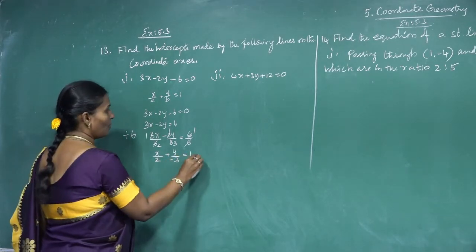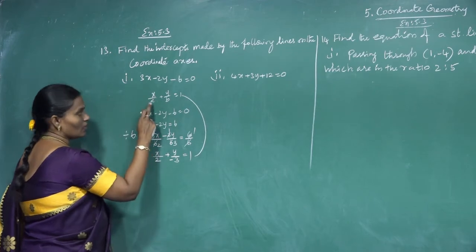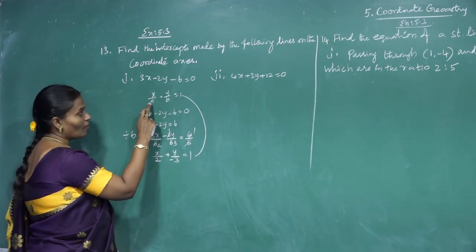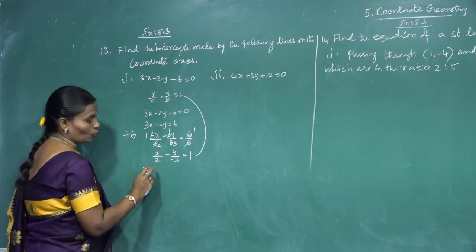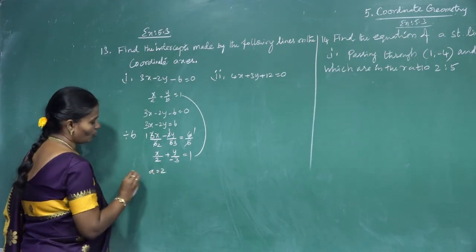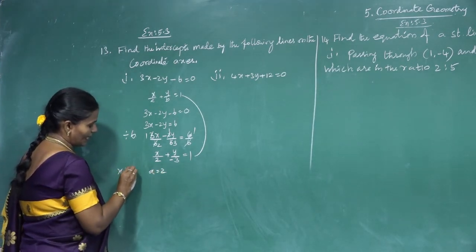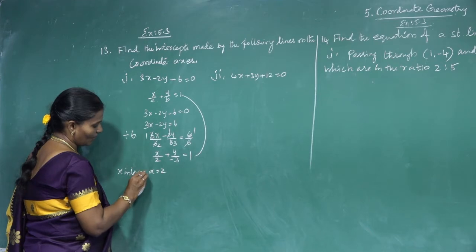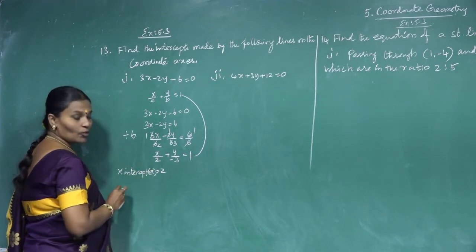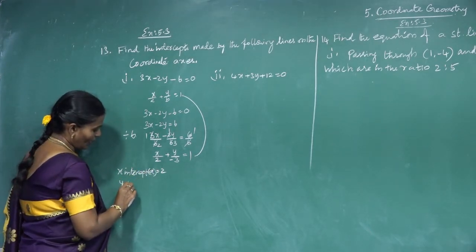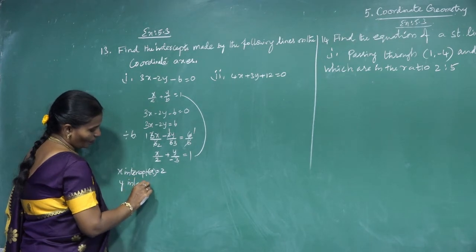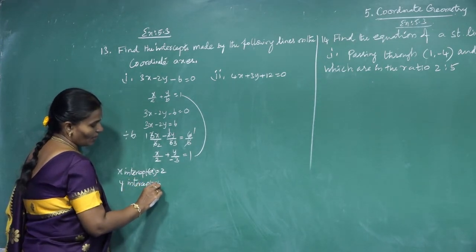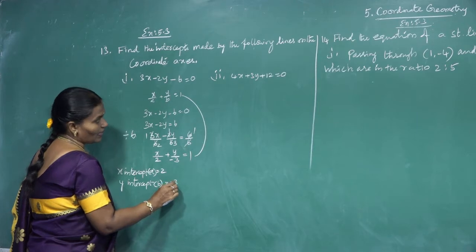Now compare this. What is the x-intercept, that is a. What is in the place of a here? 2. So a is equal to 2. That means the x-intercept a is equal to 2. Then the y-intercept b is equal to minus 3.